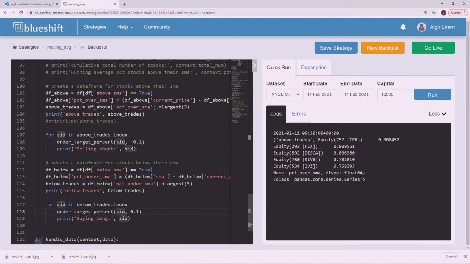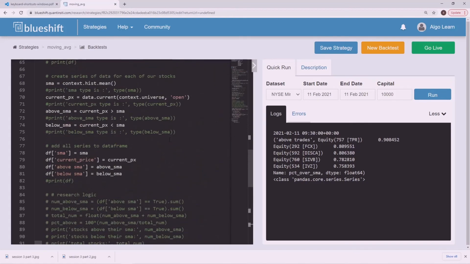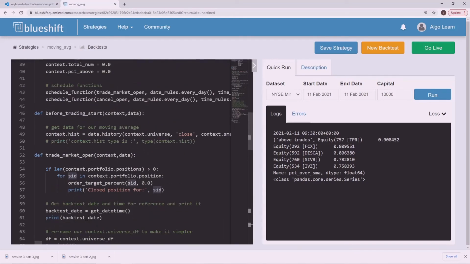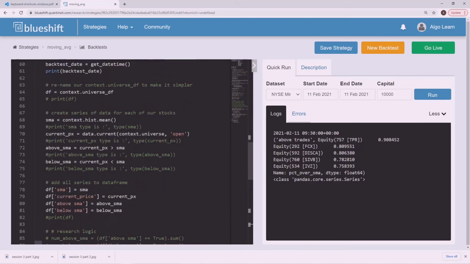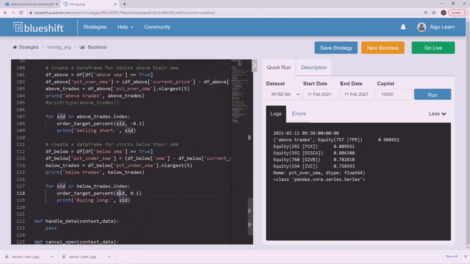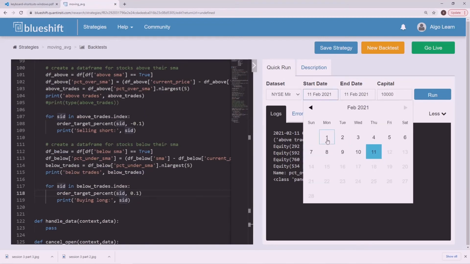Okay, so now we're going to go ahead and place these trades in the backtest, and let's cycle this for a week, or maybe a week and a half, and see it work in action. Yeah, why not?